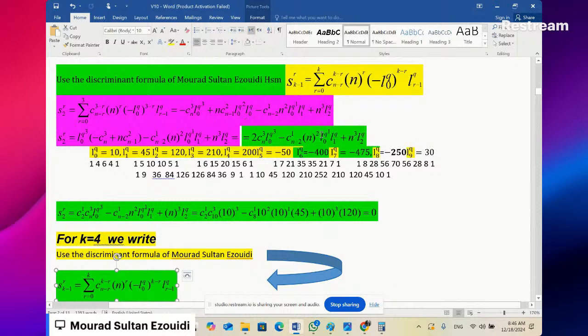This is a formula that is derived from the discriminant formula when k equals 3. This is applied for any n degree equation because this S subscript k minus 1 for the q or for the r represents the coefficient of your new n degree equation whose values you wish to get. Okay, then make your conclusion.